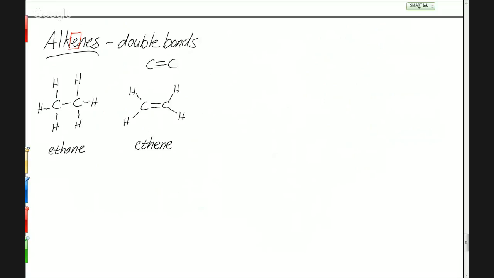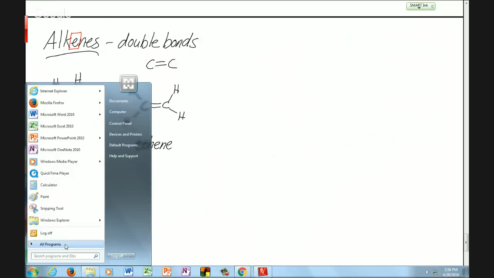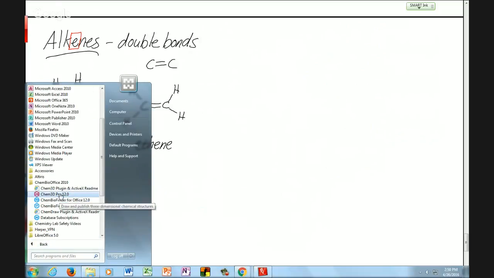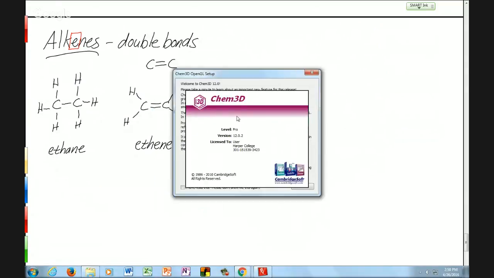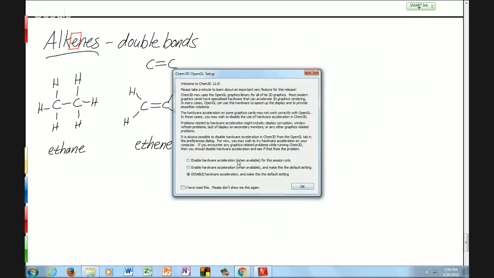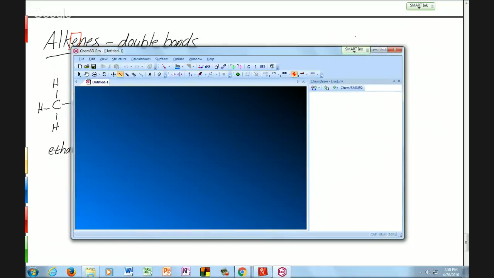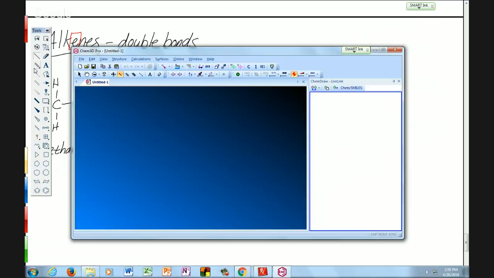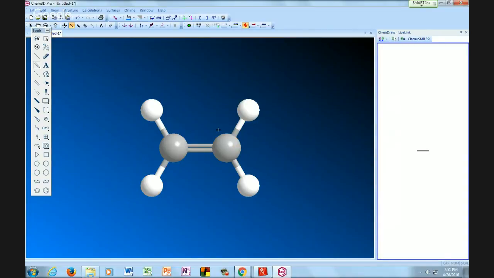Let's look at the shape that a double bond puts in that molecule. I can pull up this thing again. All right, so I'm going to draw a double bond between 2 carbons, and that gives me this nice picture.